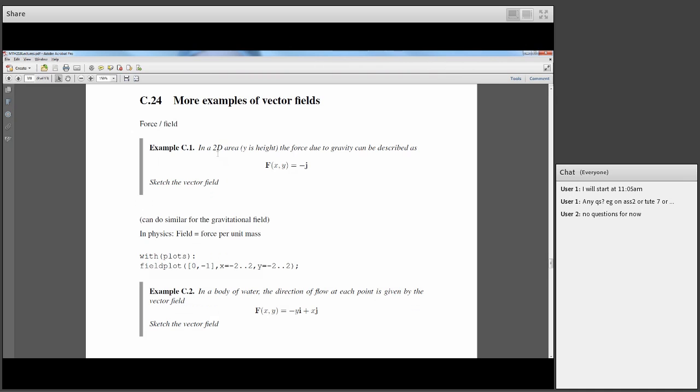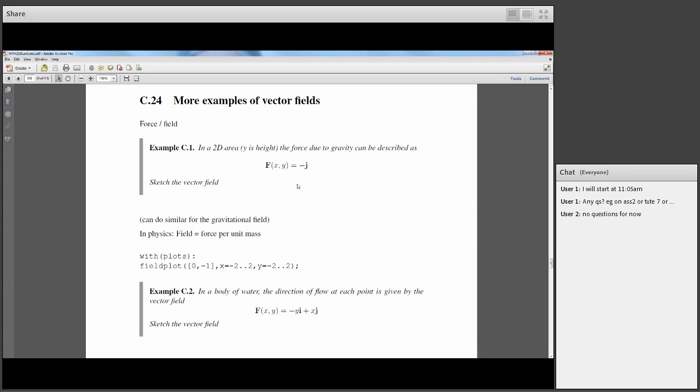So let's suppose you've got a 2D area, so every point has got an X and a Y position, Y is height, then the force due to gravity is minus something. And so given the right mass, for example, it can be equal to minus 1 pointing down. So this is a force. So the force is a vector, because it has an X and Y component in theory. The X component is 0.